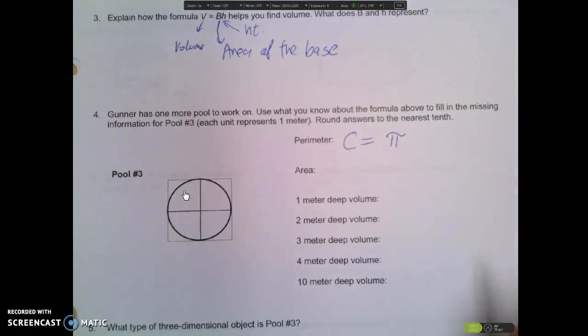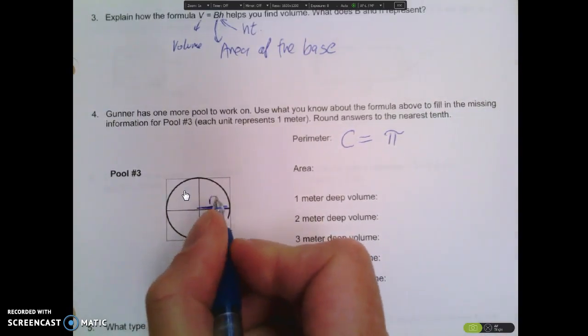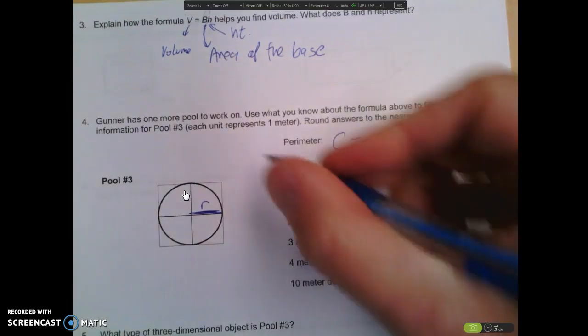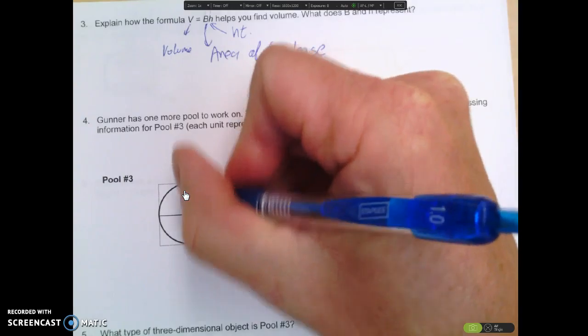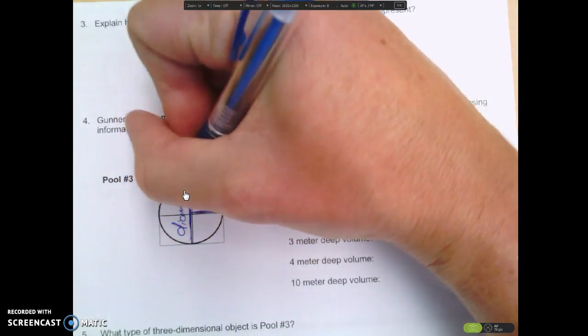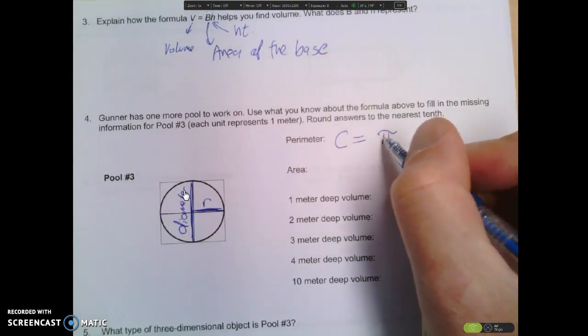Well, the circumference formula is you take this thing right here, which is called the radius, you double it, and if you actually don't know this, 2 radiuses, which is this right here, is called the diameter. So you double the radius and you multiply it by pi.